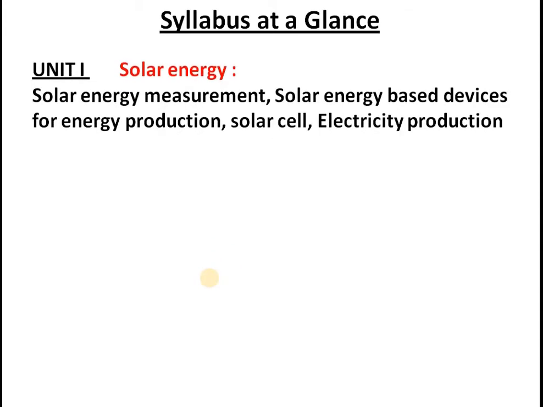And here is the syllabus. Let us have a quick go through the entire syllabus. Your first unit is about solar energy, where we will study what solar energy is, its different constituents, how it is measured, and how solar energy can be converted into other forms of energy, heat energy for example, or electricity.